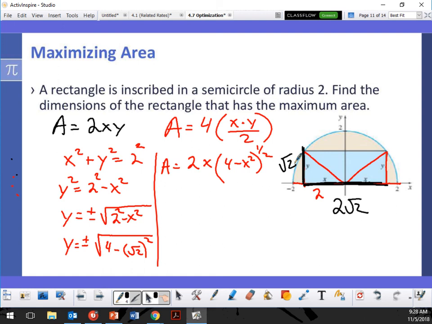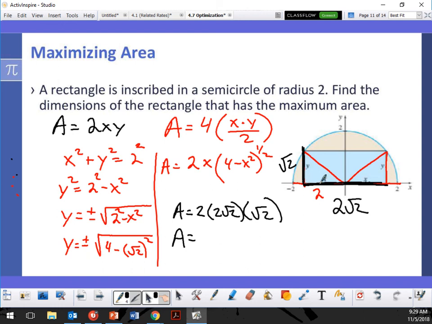So my maximum area would be 2 times 2 radical 2 times radical 2. Would it be 2 radical 2?